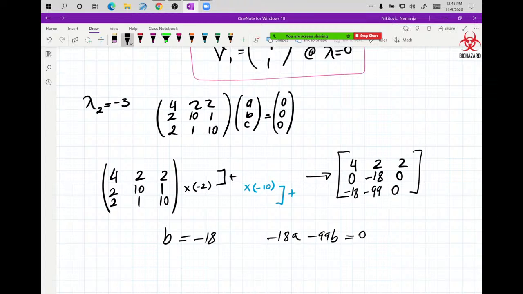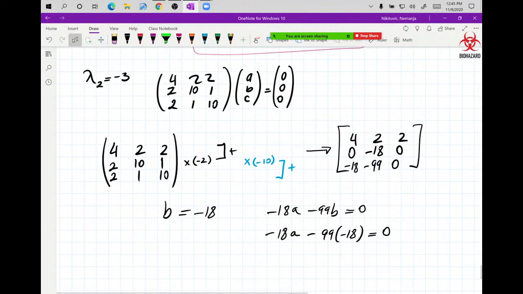So that's going to be -18A minus 99 times -18, because B is -18. So now, if I cancel by -18, then A is 99. And now I pick C.